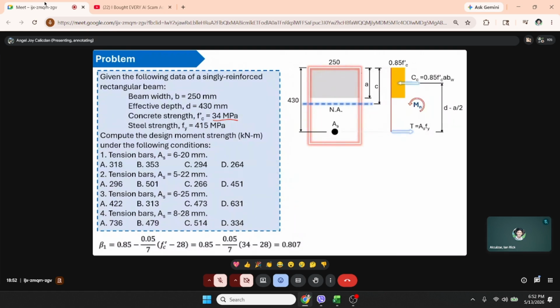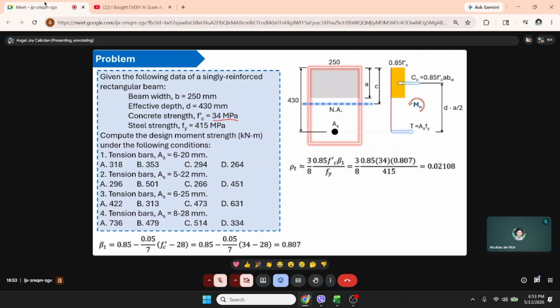And here is the illustration of the beam cross-section with its stress diagram, with a width of 250 and effective depth given 430. So, karon na naa na tay beta 1, kuhaon na nato ang mga rho sa katong boundaries like sa rho balance o rho na tension control para ma-compare nato later kung asa siya na belong na zone.